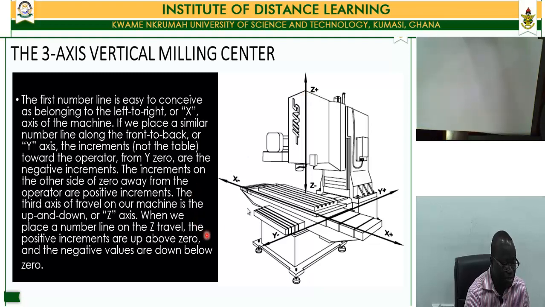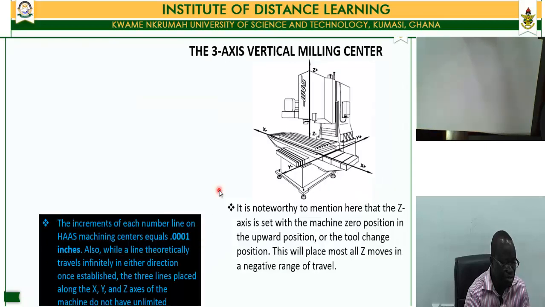For the spindle axis, travel downwards is a negative movement, and then on the axis you have the zero, so above it is a positive value of Z.